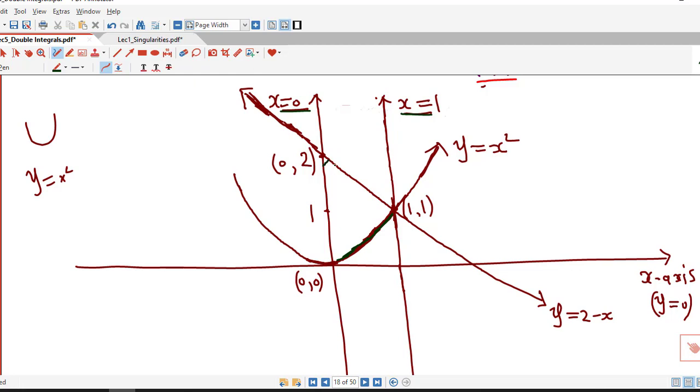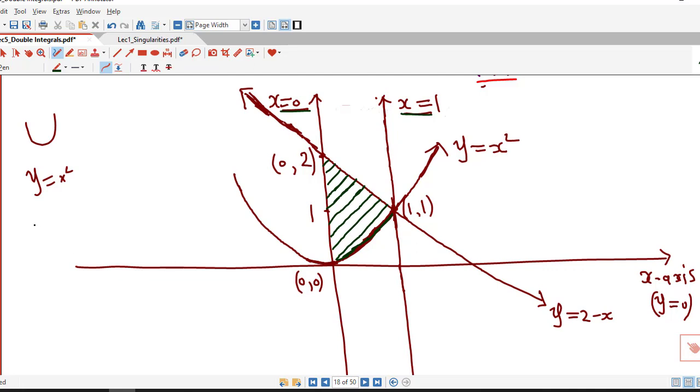So this is our region of integration, because the lower limit of y is x square and the upper limit is 2 minus x.